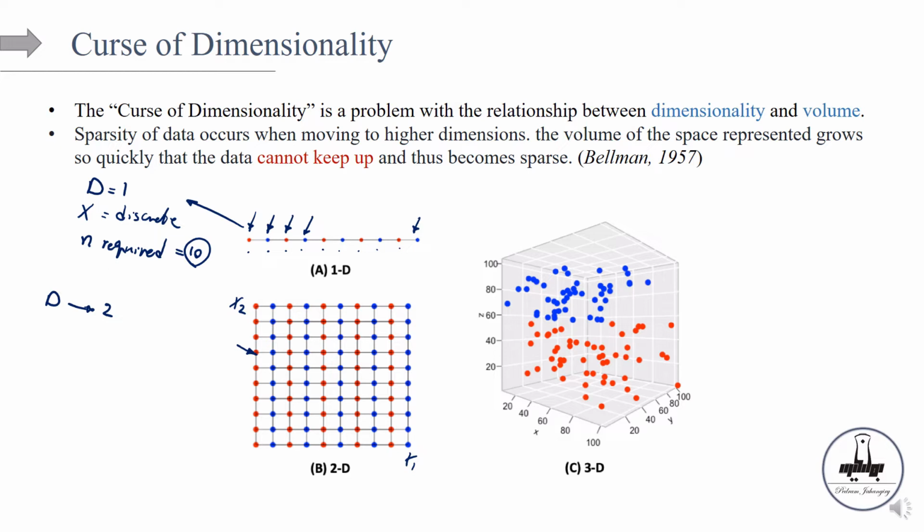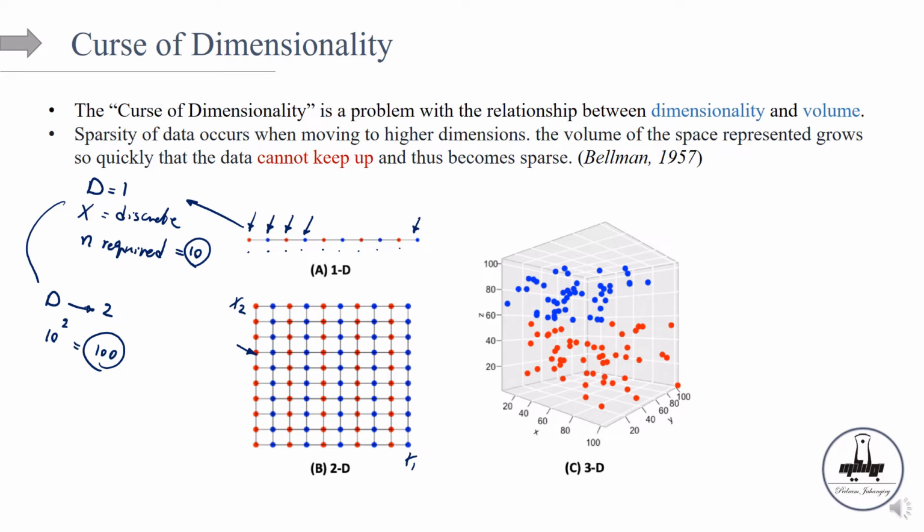So the answer is going to be 10 to the power of 2. We're going to require 100 observations, in this example, hundreds of blue and red, to span the entire feature space. So as you can see, when the dimension goes from 1 to 2, the number of observations required to span the entire feature space goes from 10 to 100.